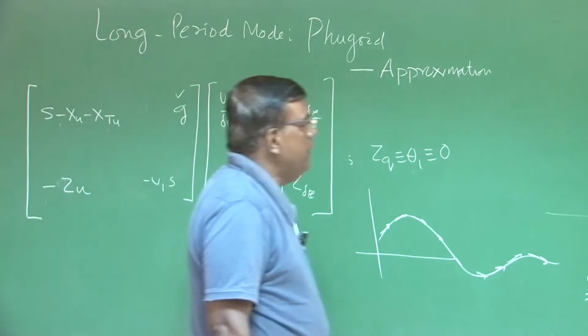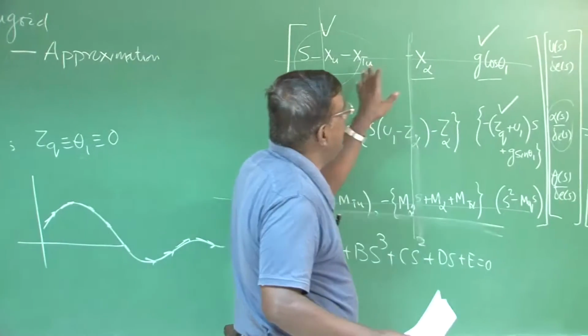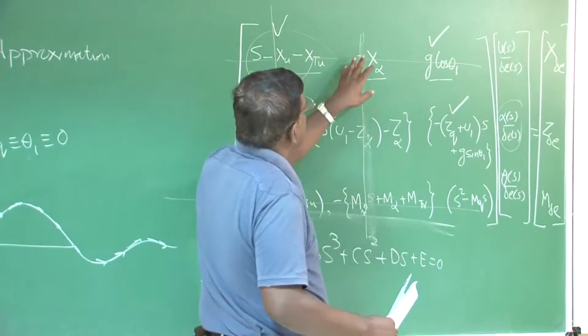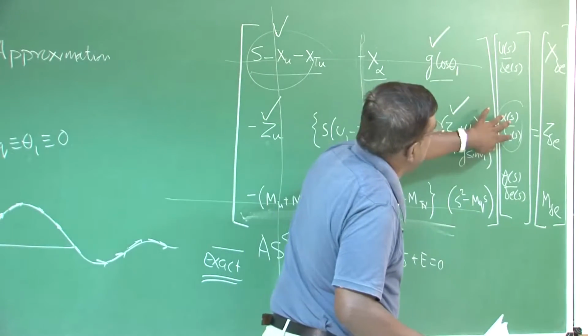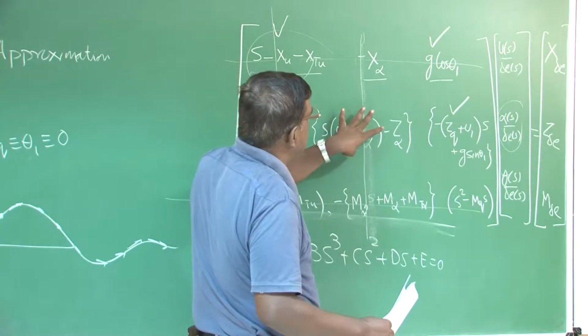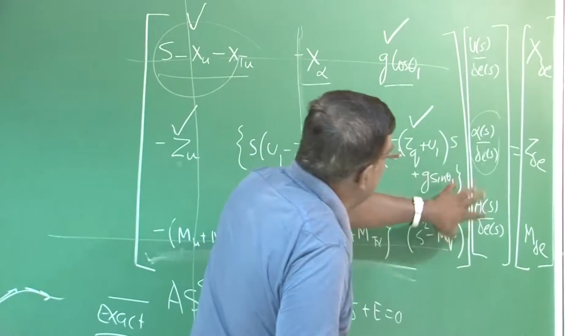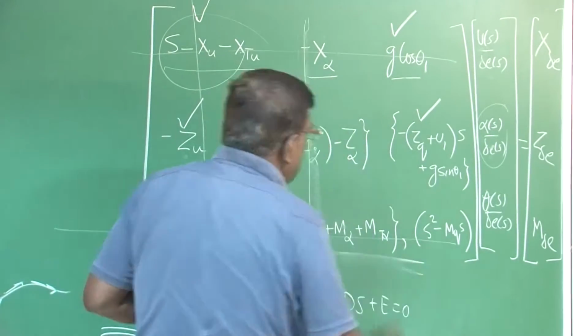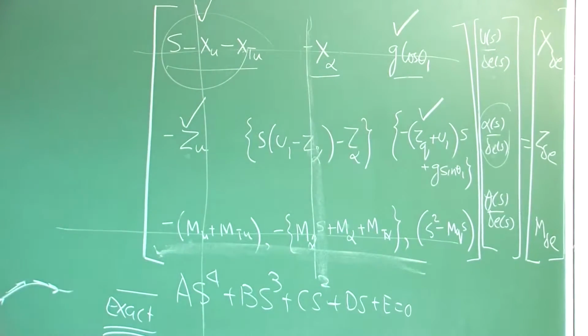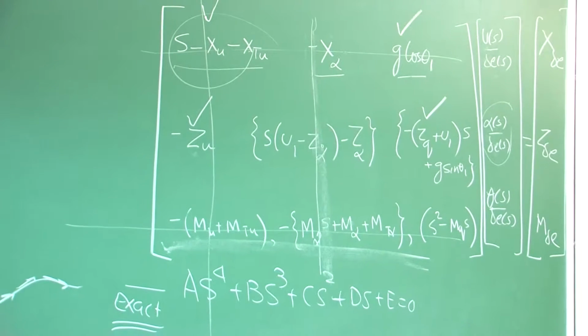The consequence of that, when I multiply these two matrices, the second term x alpha will be multiplied by alpha of s. Here the second term, this one multiplied by alpha of s. Here the second term, this multiplied with alpha of s. Right? All will vanish because perturbed alpha is 0.